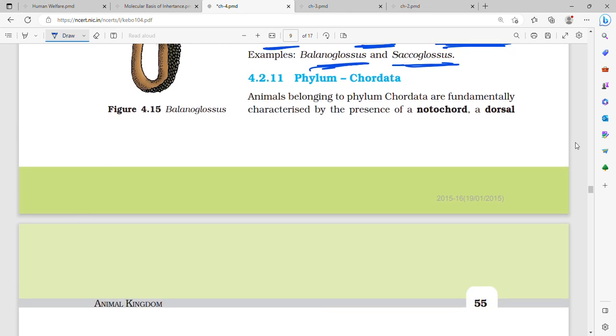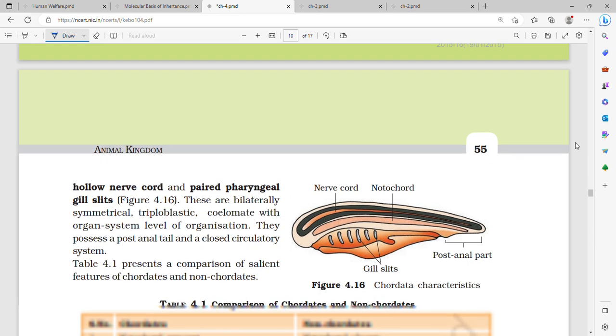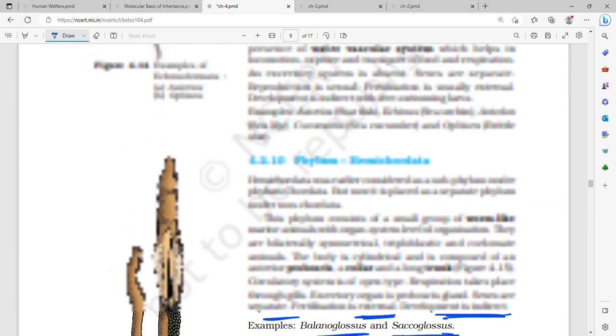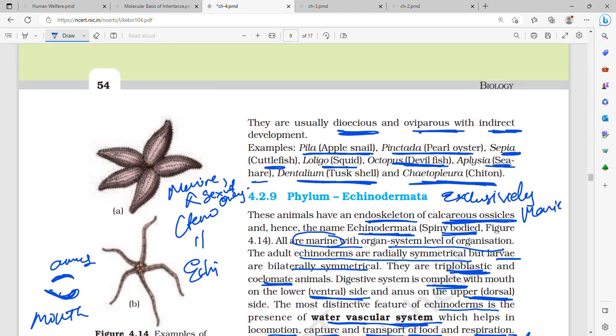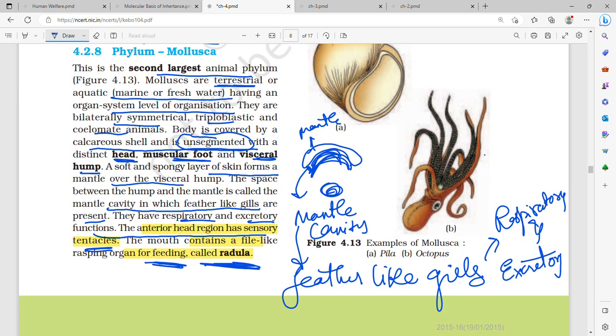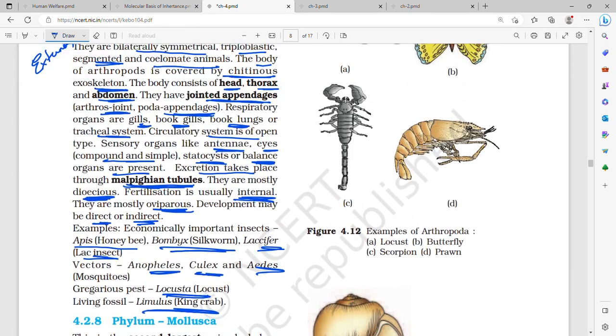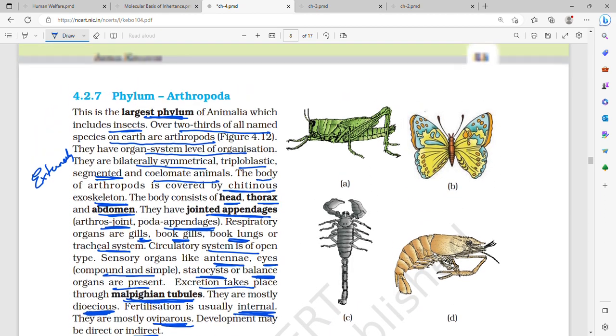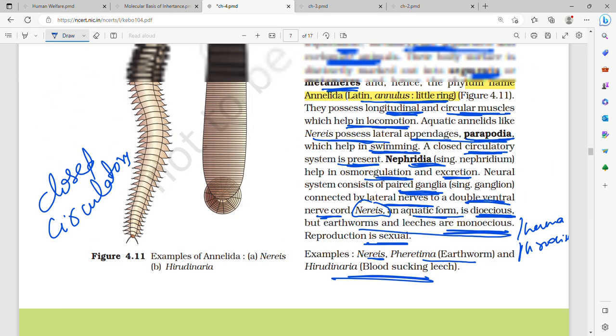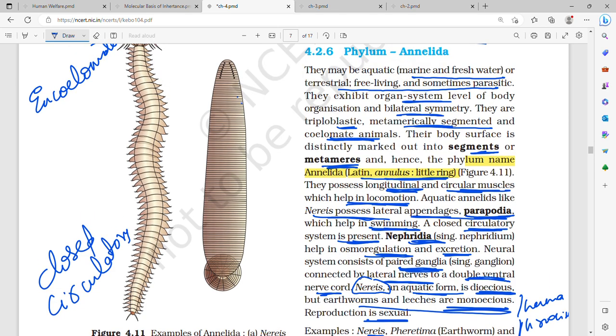Now phylum Chordata. Animals belonging to phylum Chordata are fundamentally characterized by the presence of a notochord, a dorsal hollow nerve cord, and paired pharyngeal slits. Till now there was a double ventral nerve cord in Arthropoda as well as in Annelida.